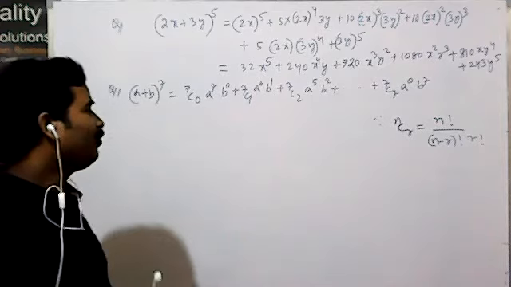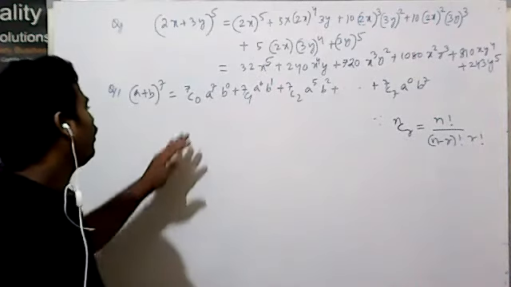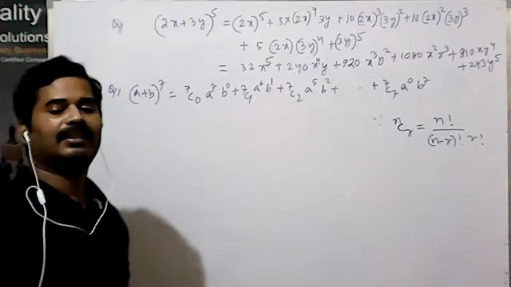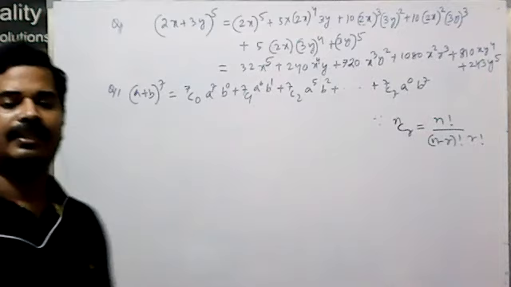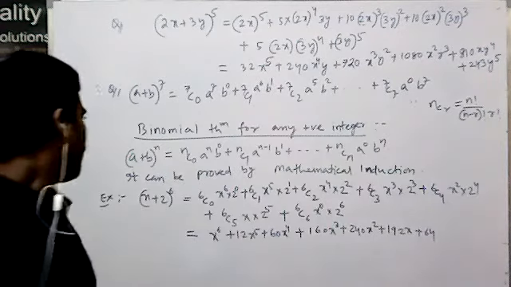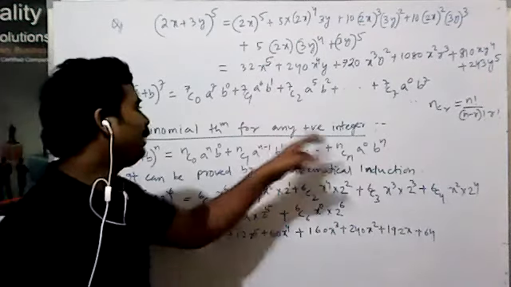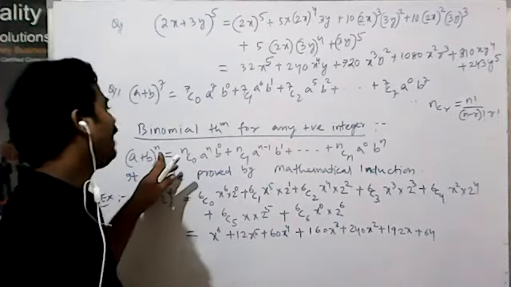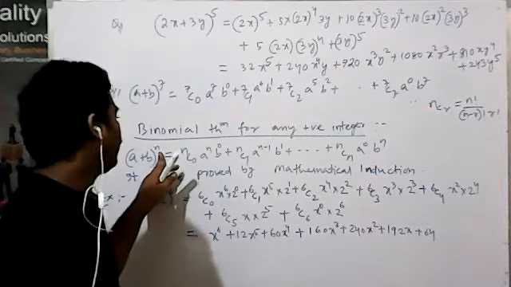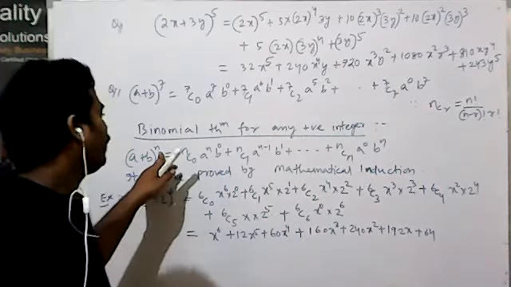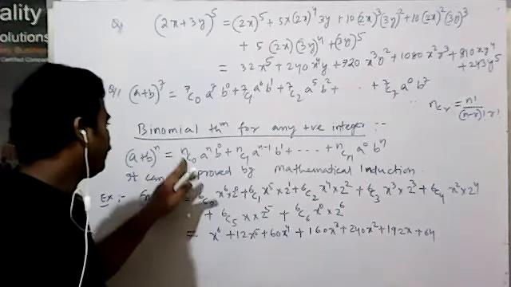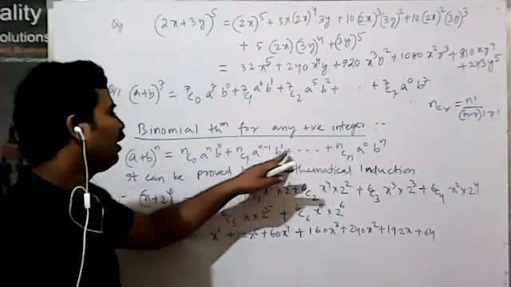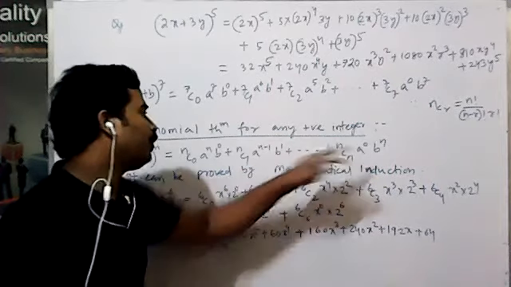Now, if the index n of the binomial expansion is a positive integer, what does the expansion say? The binomial theorem for any positive integer: (a plus b) to the power n, where n is a positive integer, maybe 2, 3, 4, 5, 6, 7, 8, 10, whatever the positive integer. That is nC0 a to the power n b to the power 0 plus nC1 a to the power n minus 1 b to the power 1 and so on, plus nCn a to the power 0 b to the power n.